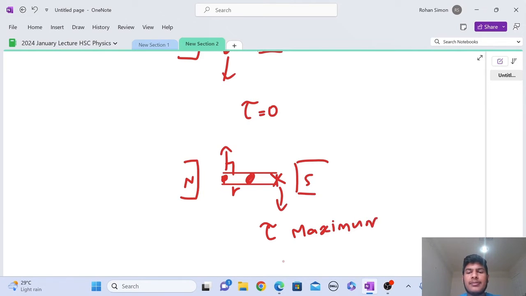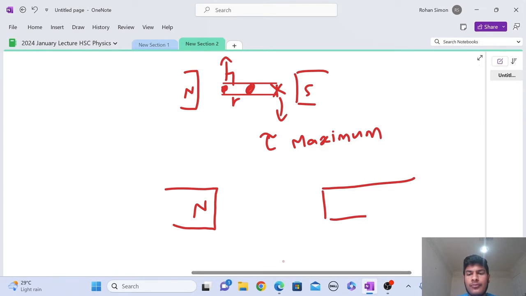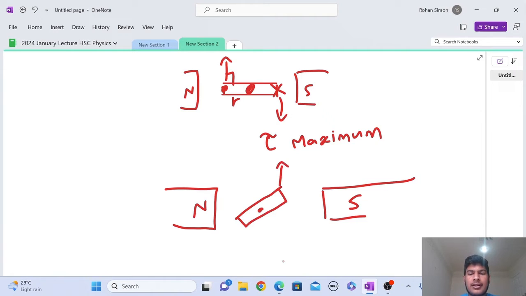At some intermediate position, we're interested in what happens to that torque. I've said this is maximum, but what happens in between? If we have something like this, we're interested in the perpendicular component of this force. If this angle in here is theta, and this force here is F, we're interested in F sine theta, the component perpendicular to it.